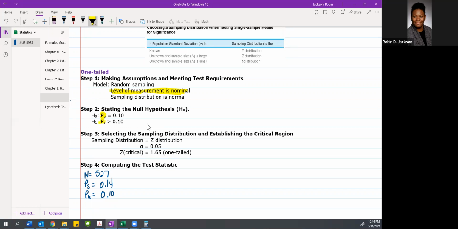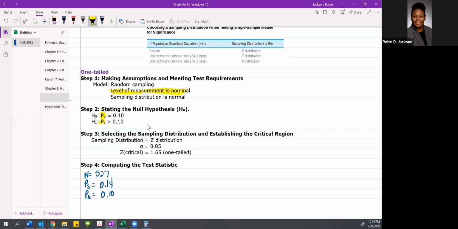Instead of the population mean, the funny looking M as I call it, that's no longer there. Instead, we have P subscript U, at least I think that's what that is. It's so small in the books that I can never tell, but it looks like a U when I look at it.